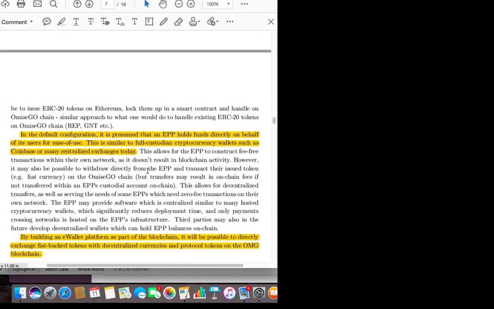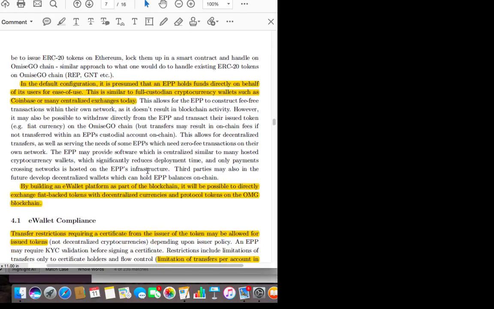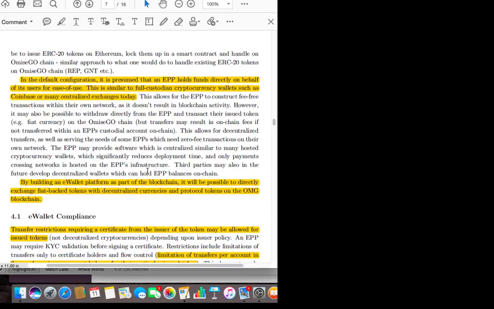So again, one would handle existing ERC20 tokens on the Omisego chain, but their default configuration is presumed that the e-wallet provider holds funds directly on behalf of its users for ease of use. So initially, guys, the way I read this is it's a full custody cryptocurrency type style like Coinbase or Poloniex, and maybe it evolves from there.